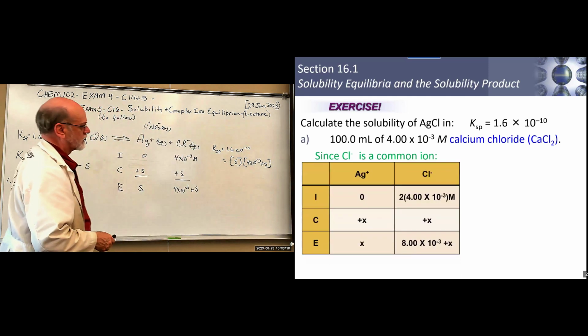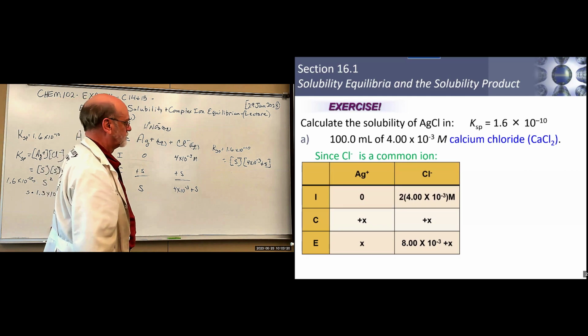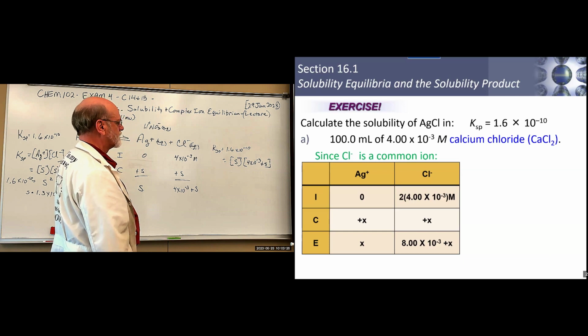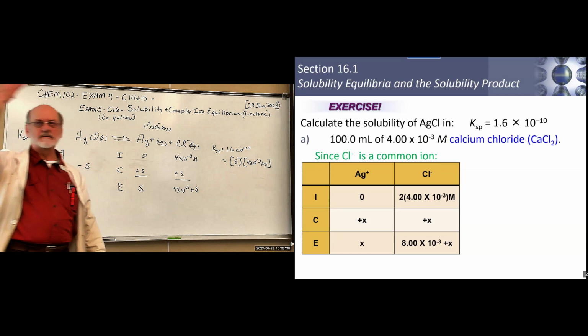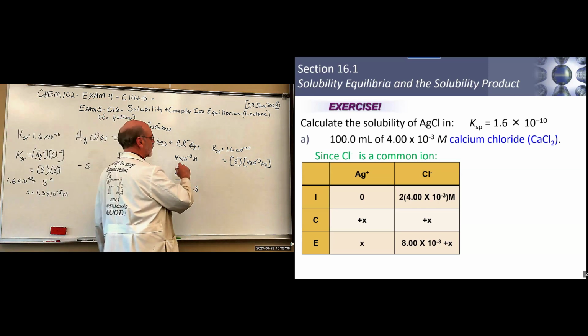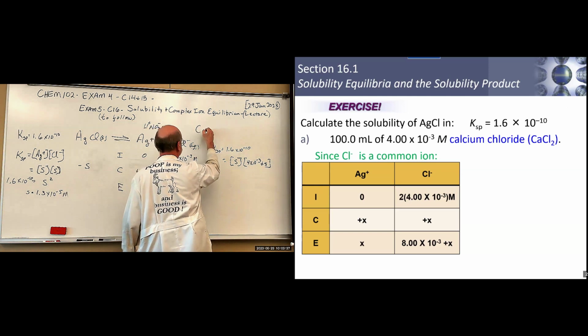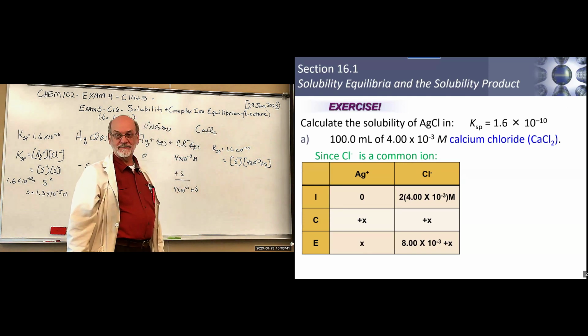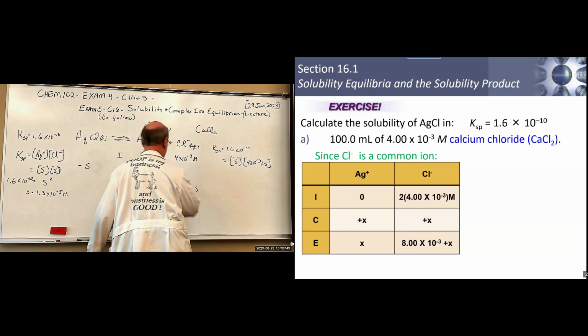Let me see if this is worked out. Yeah, there's our table. Excuse me, why did I say 2? Oh. Duh. What did we put in solution? 2 chlorides. 2 chlorides for every one.